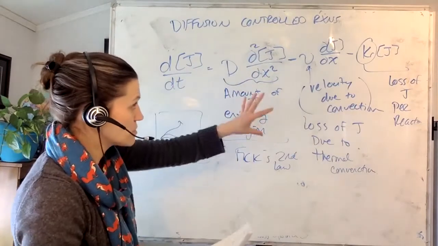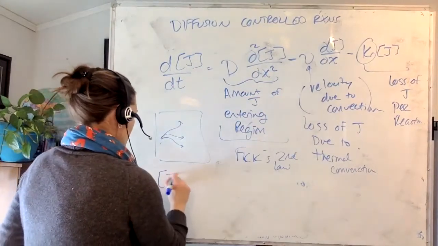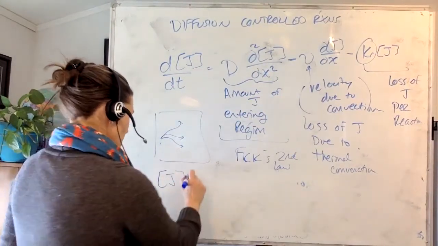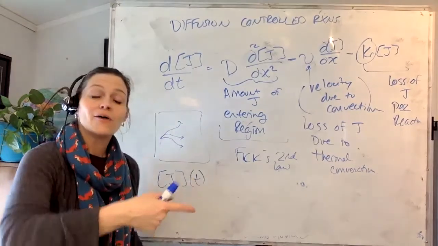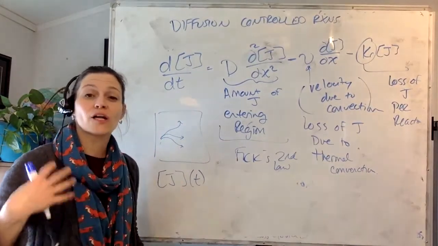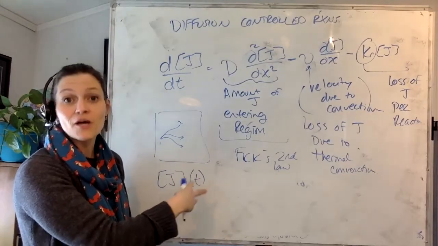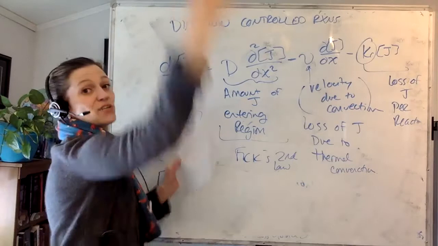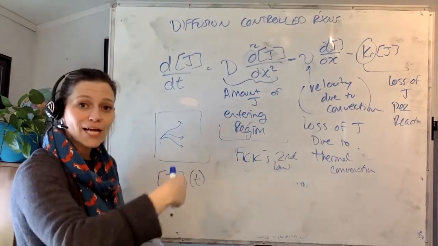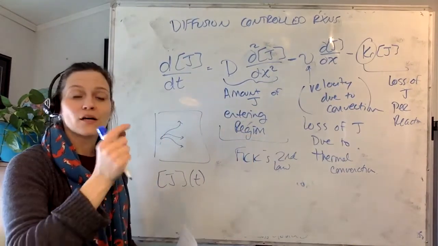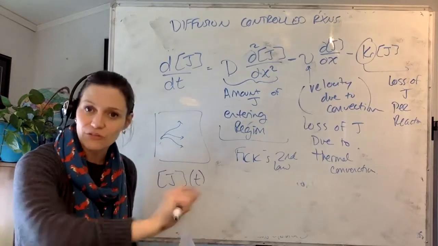But you can solve this differential equation to find J as a function of time, which remember, at the beginning of kinetics, I told you that we were going to go through various avenues to find concentrations as a function of time. Well, this takes into account everything, not just reactions, but also the dynamics of the molecules in the liquid phase.